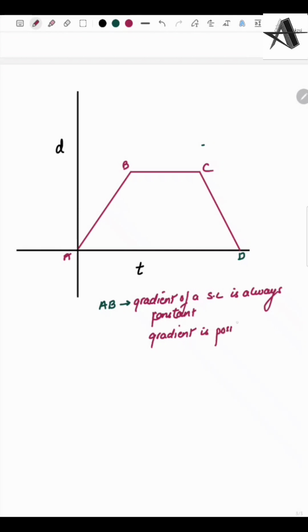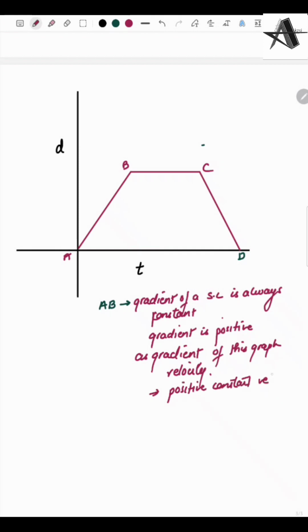It's constant, but what value constantly? 1, 1, 1. Positive value. And what is the gradient of this graph? Velocity. So as the gradient of this graph is velocity, I can say that velocity is constant and positive. So a positive constant velocity. This is the motion from A to B.